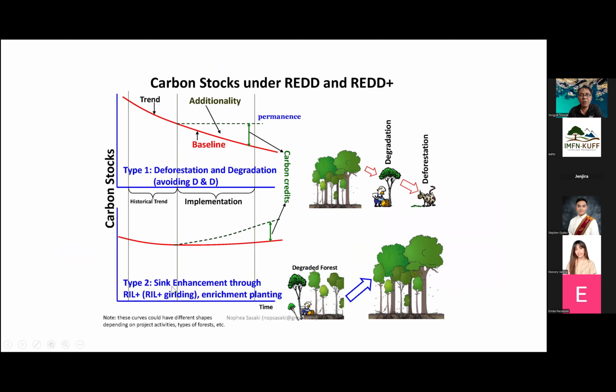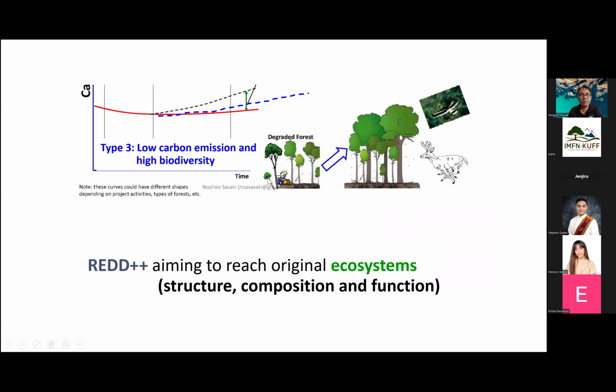So we can restore the forest. So try to think the enhancement. So from the degraded land, right? Degraded land, we can grow the tree. So the carbon will be absorbed in the natural ecosystem. And REDD plus also include the biodiversity.